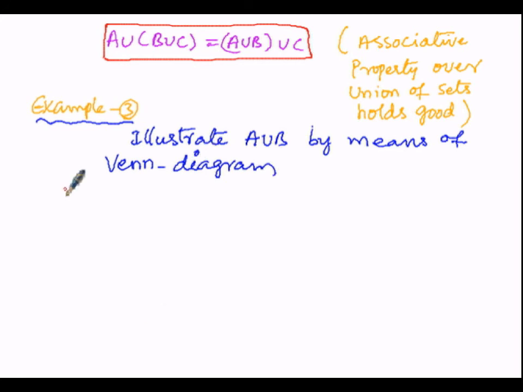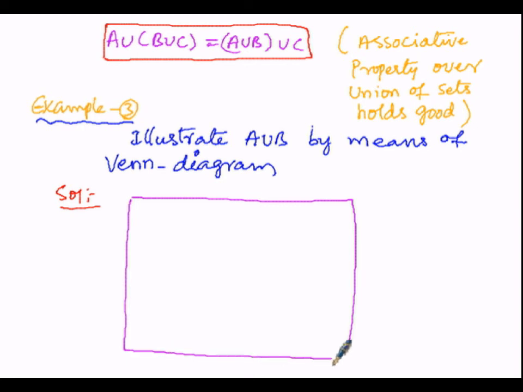Solution starts now. If A and B are two sets, this is the universal set in which there are two sets, this as set A and the other as set B. We have to illustrate A union B by means of a Venn diagram.